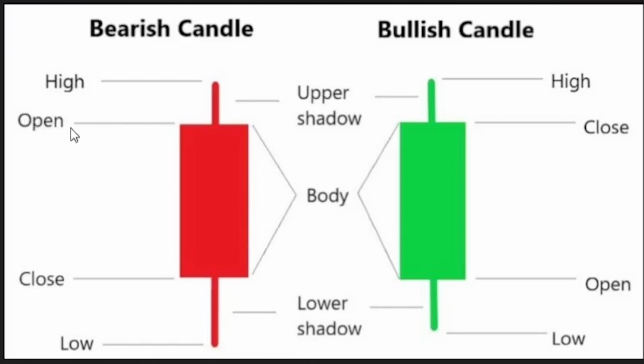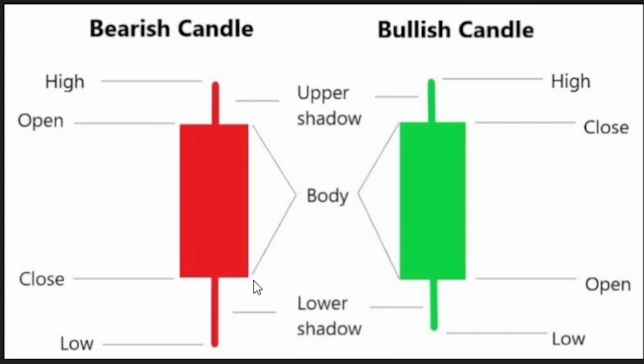Let's say we open right here, and you see how it wicked up there? That means the price went up and reached the top there, and then it went back down. Those wicks, on the bottom and the top, just show how far the price went. Price went up, price went down, price went back up, and it closed right here.